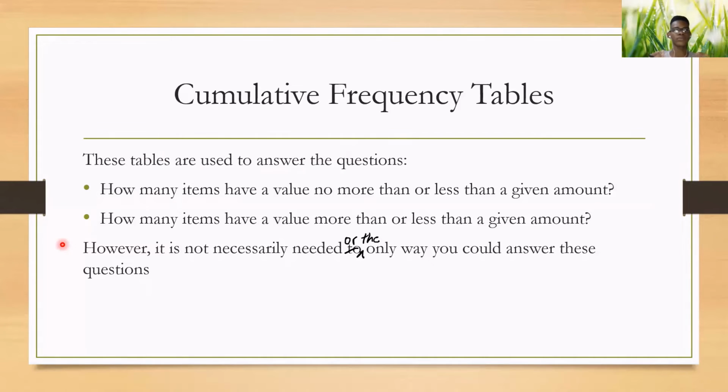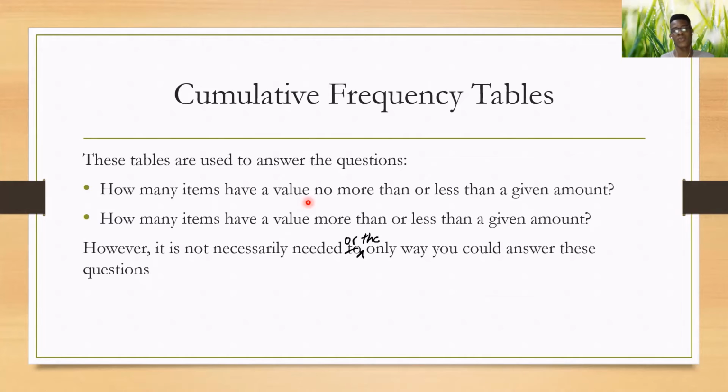If you want to know, use the examples, because I really don't think I could explain it just like that. But we'll go through some examples. The thing about the cumulative frequency table is that you don't necessarily need it to answer these questions.